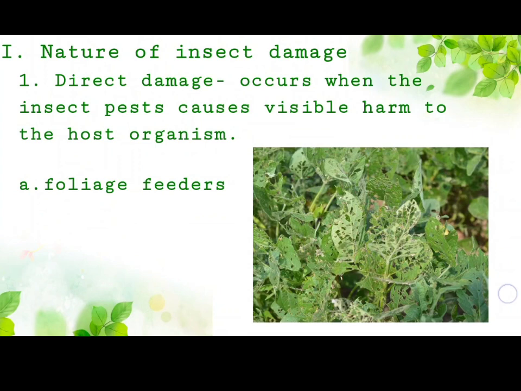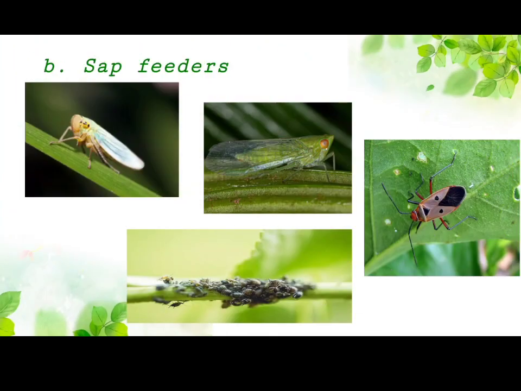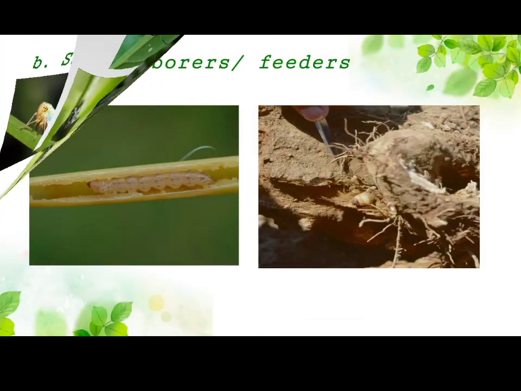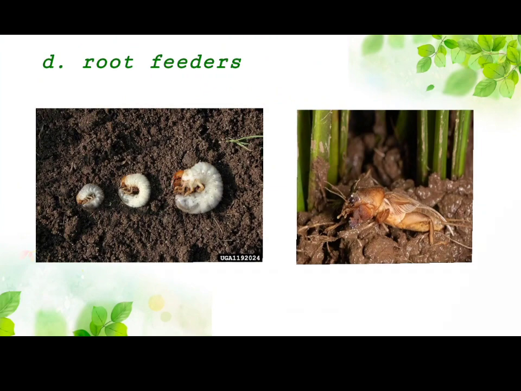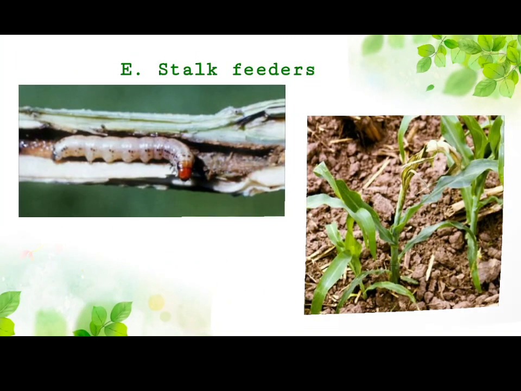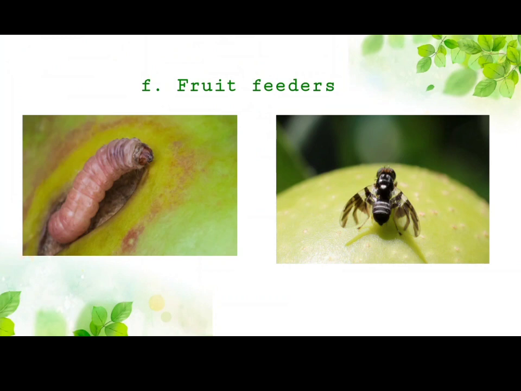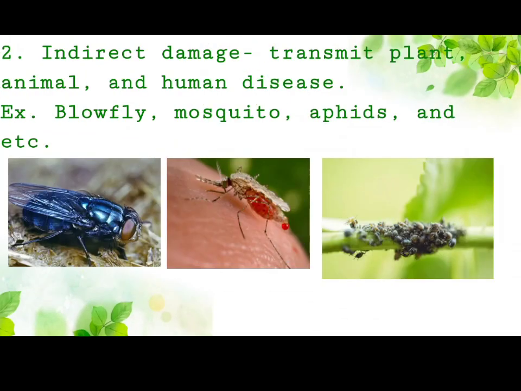Examples are foliage feeders, sap feeders, stem borers or stem feeders, root feeders, stalk feeders, and fruit feeders. Examples are codling moth and fruit fly apple maggot. Indirect damage: insect pests that transmit plant, animal, and human diseases like blowfly, mosquito, aphids, and etc.